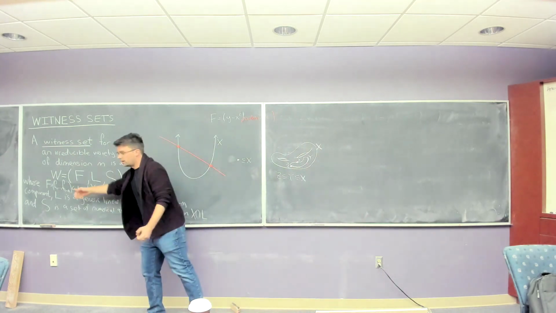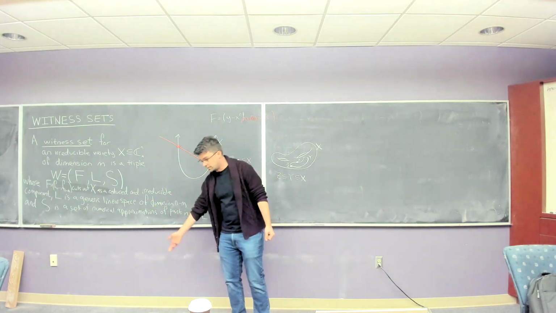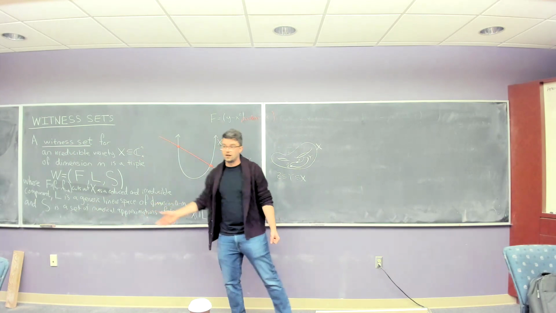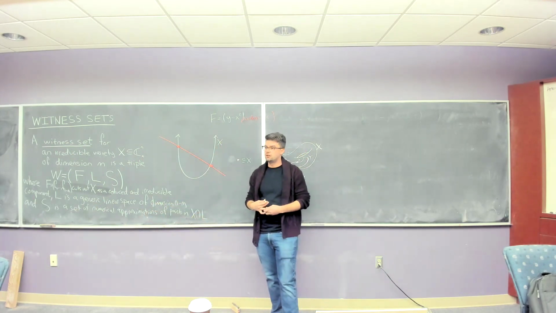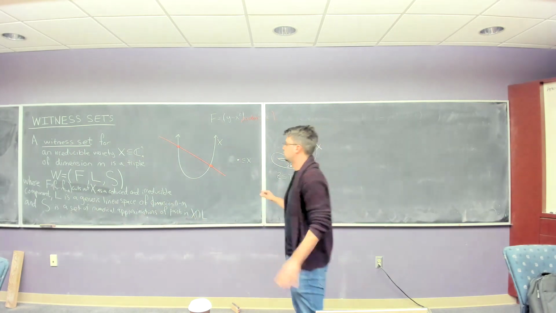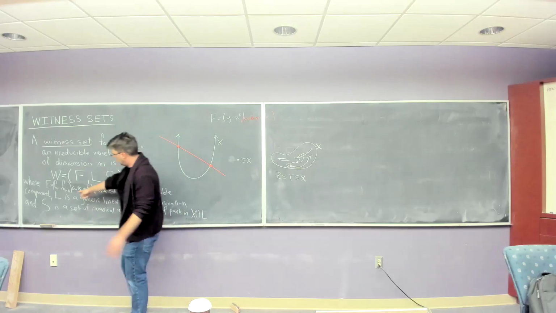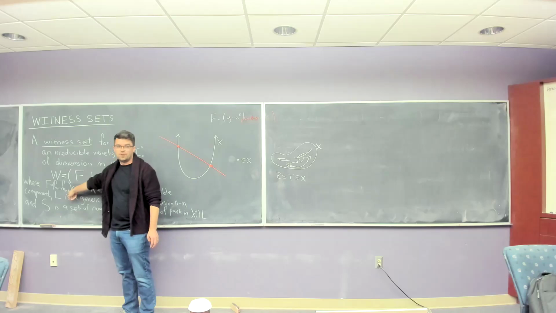So if I want to cut out a hypersurface, that's one equation. If I want to cut out something of one dimension smaller, I would take 2 equations, etc. That would be your expected number of equations you would need to cut things out, but that's not always the case in algebraic geometry. So this is a non-trivial requirement right here: that the thing of dimension m is cut out by n minus m polynomials.